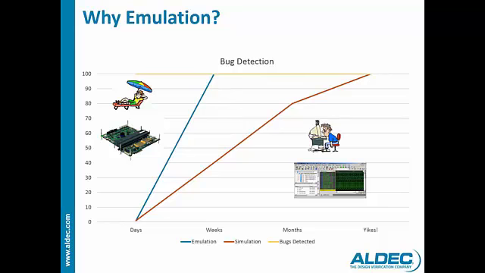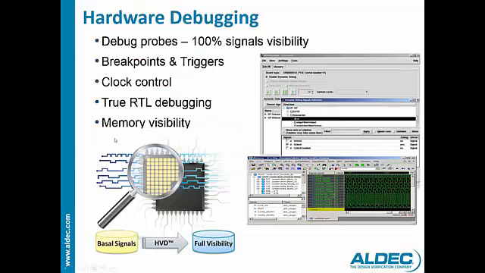So let's look at some of the essential elements of debugging in the hardware environment. For efficient debugging, there are a number of techniques available. We've got debug probes that capture some internal signals and save them on the host computer in order to view them on a waveform.